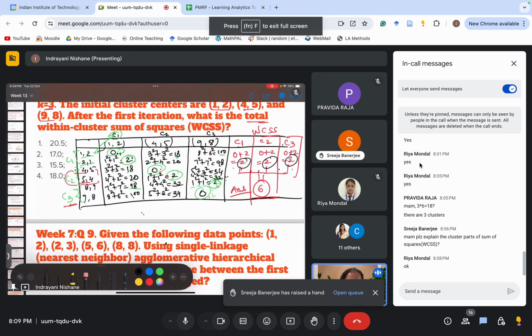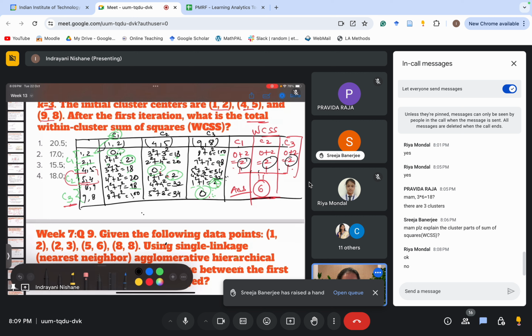You're not at all audible. I can see that you have unmuted, but absolutely nothing is audible. If anyone else is able to hear her, please try to convey that message to me. Shrija, can you mute and unmute again?